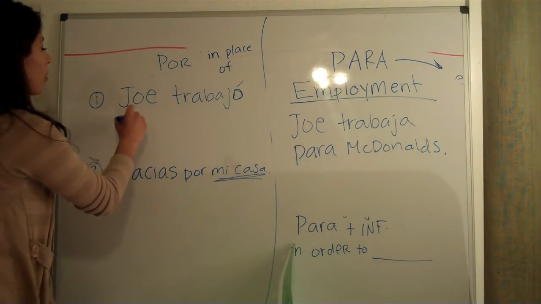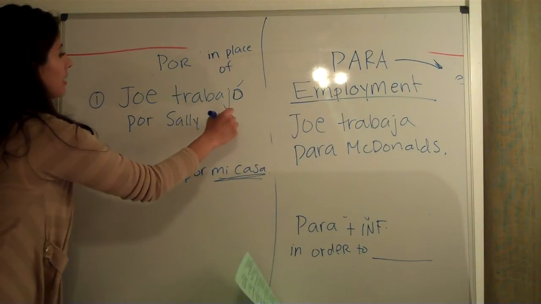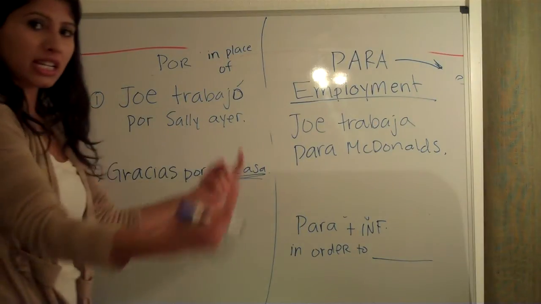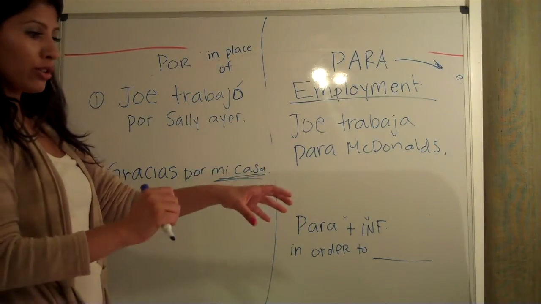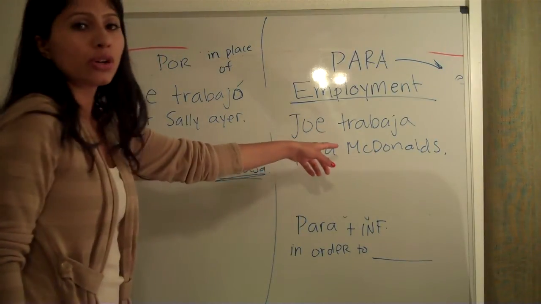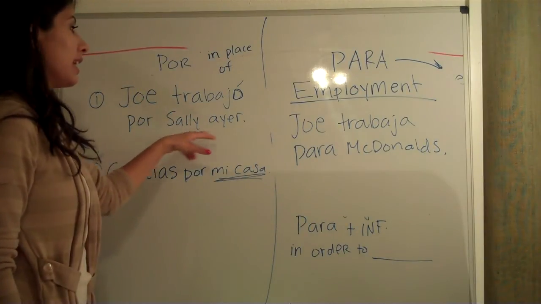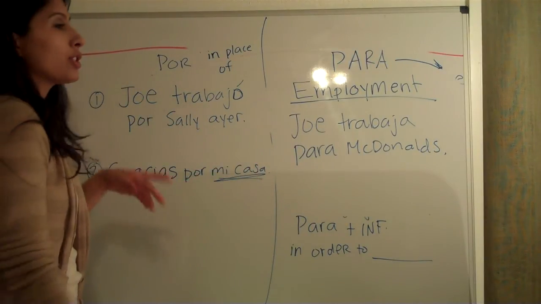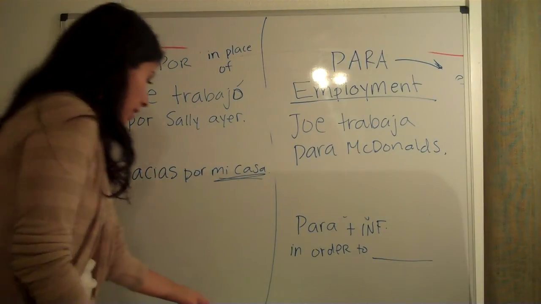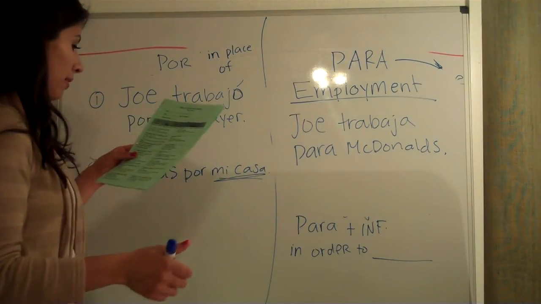Joe trabajó por Sally ayer. Joe worked in place of, you see that exchange again? Sally wasn't there, Joe worked for her. He's still working for McDonald's. Todavía Joe está trabajando para McDonald's, pero Joe trabajó por Sally ayer, porque ella estaba enferma. She was sick, he was working in her place, okay? So that's what happened. So that's employment, empleo.